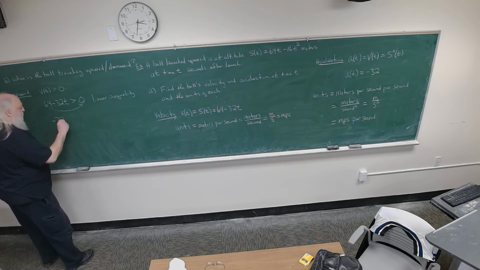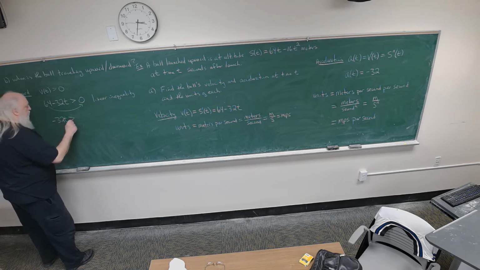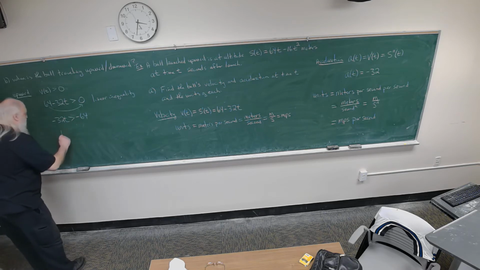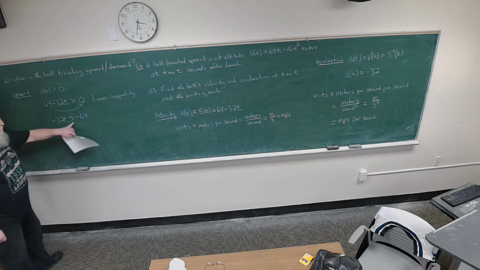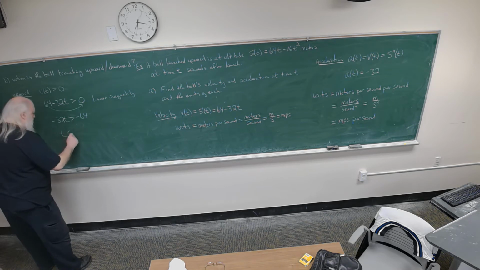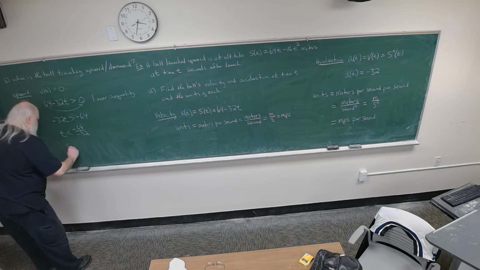We have minus 32t is greater than minus 64. And now I can divide both sides by minus 32. Now what happens to the inequality symbol when I divide both sides? Yeah, it gets flipped, right? So I have t is less than minus 64 over minus 32, or t is less than 2.